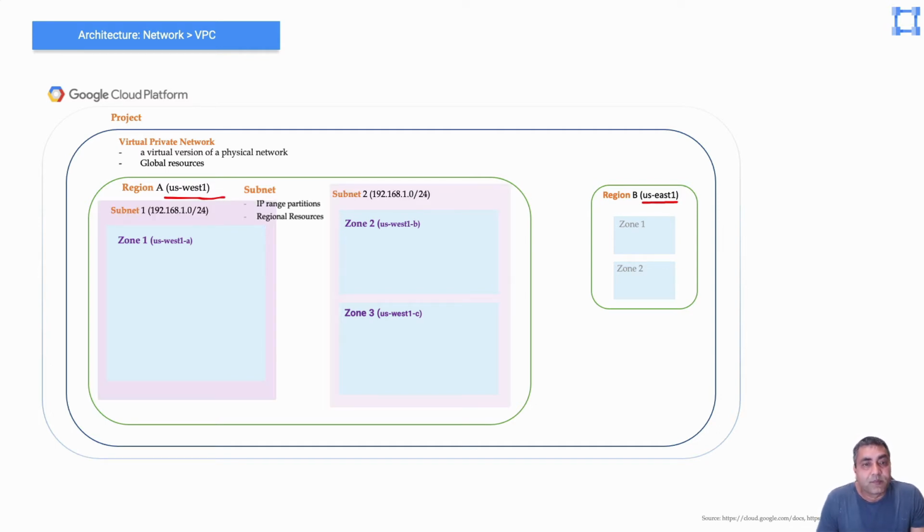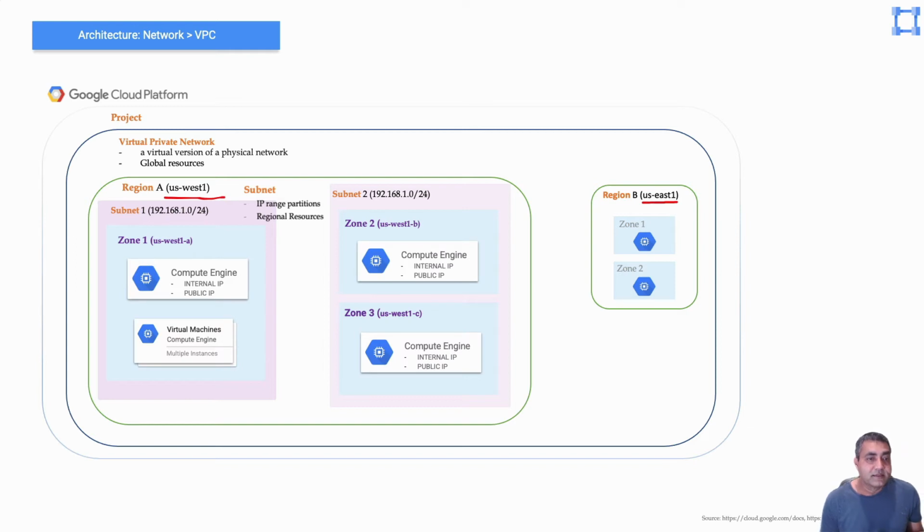So with that, we have created these subnets, which are, again, regional resources. Subnets can span across multiple zones. Then comes your Compute Engine, which is basically where you do all your work.